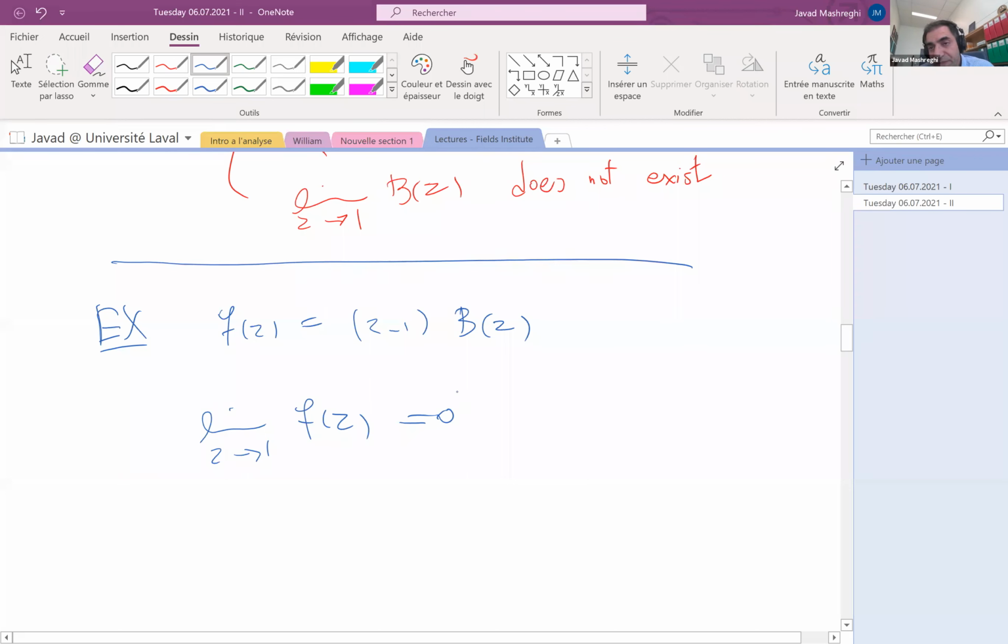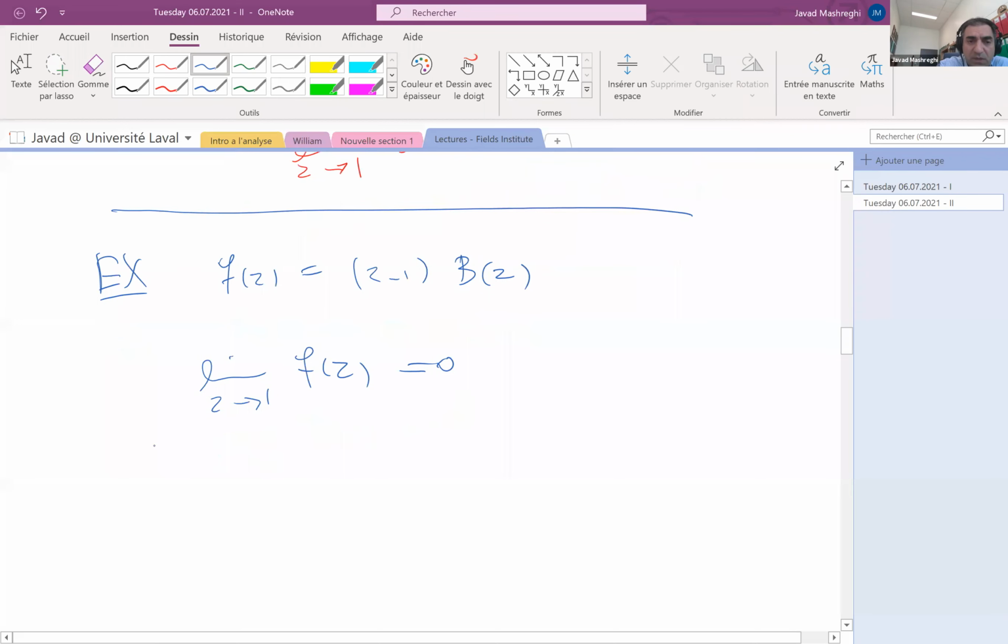It's not always z minus 1 that is the favorite one. Another one is z minus 1 squared, B of z.